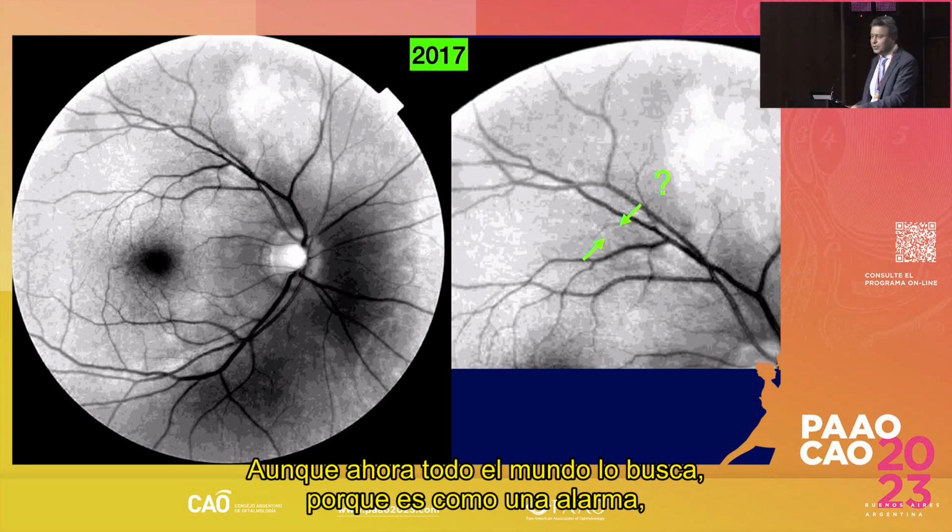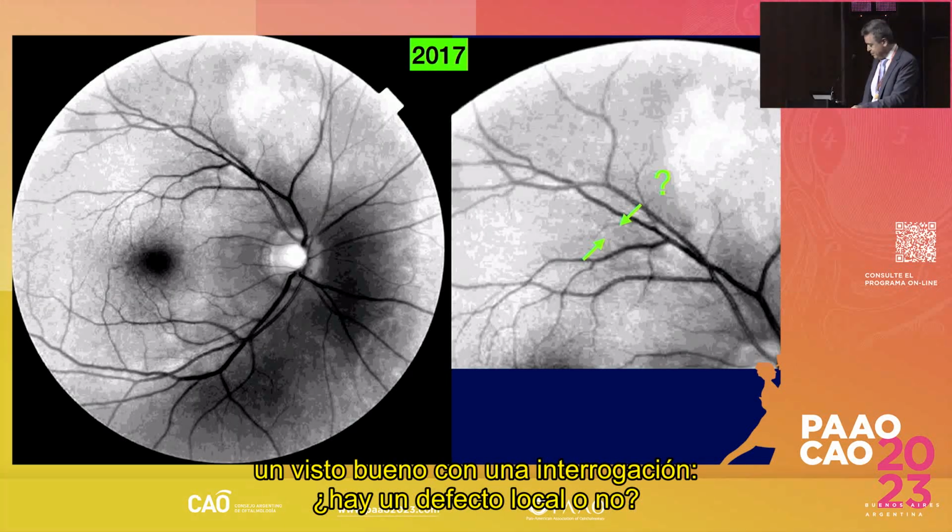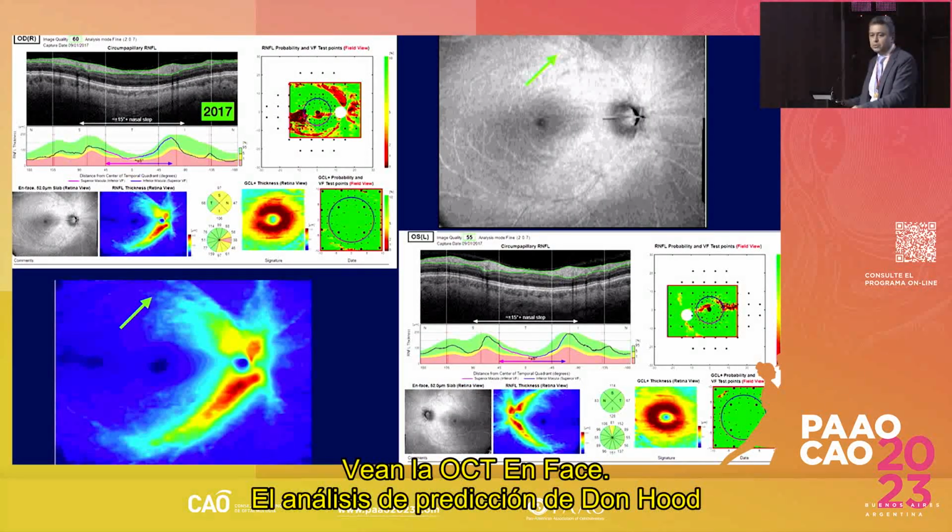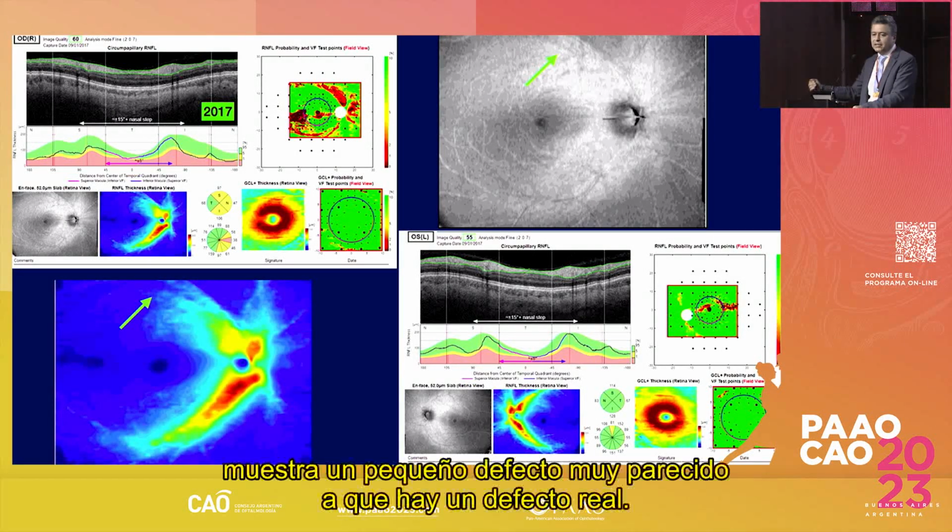Everybody's looking now because there is also a green sign there with a question mark. Is there a local defect or not? But if you look at the Topcon OCT, the Don Hood predictive analysis is showing a small defect that is very likely to be a real defect.